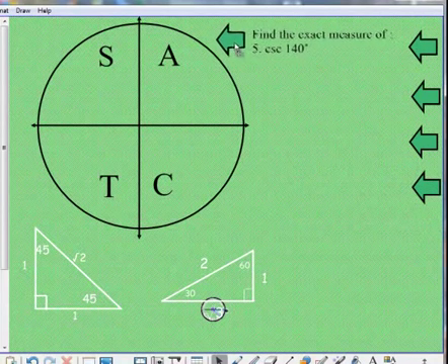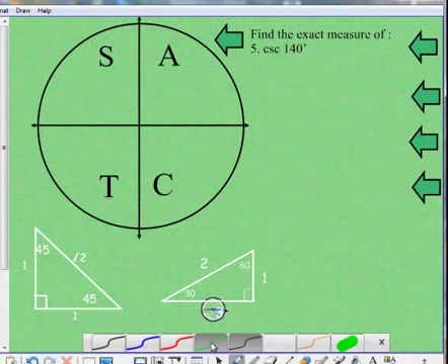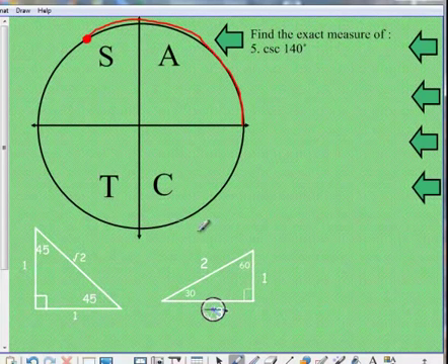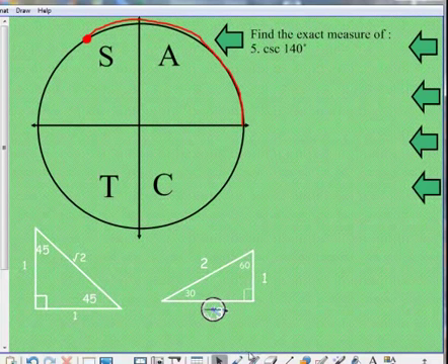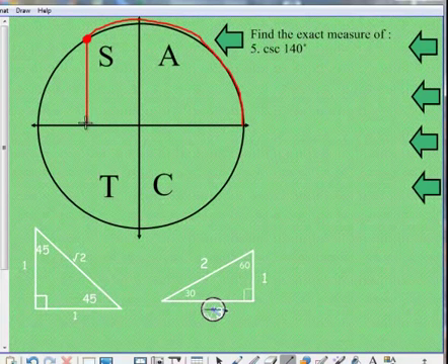All right, last problem. Find the exact measure of the cosecant of 140 degrees. All right, so 140 degrees means I went 140, so I'm going to end up somewhere over here. Here's my point. Let me Greek it up, draw a triangle, drop this down, drop that down.